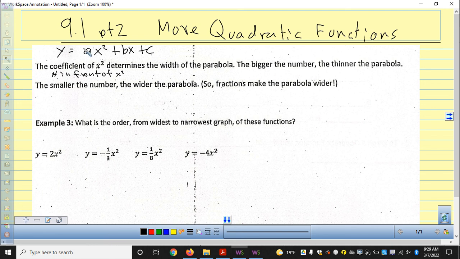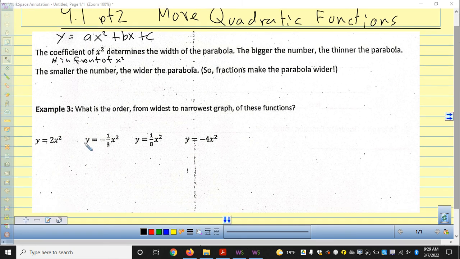So the bigger the number that's in front of the x squared, the narrower the parabola. And the smaller the number, the wider the parabola. So a fraction for a makes the parabola wider.